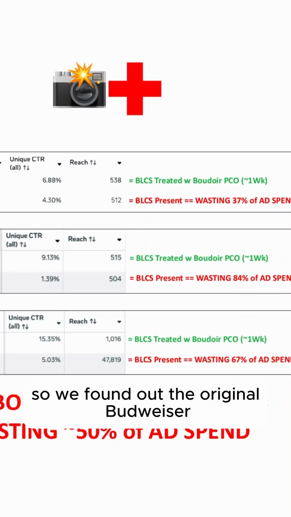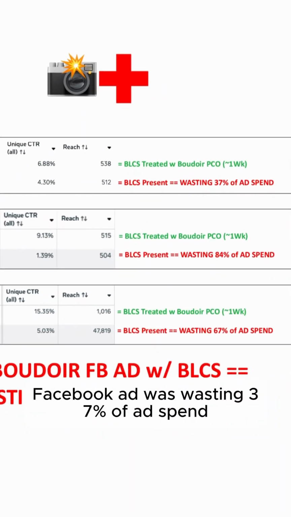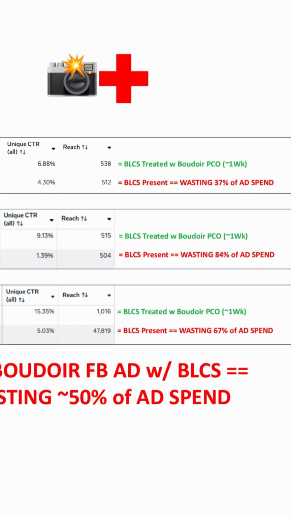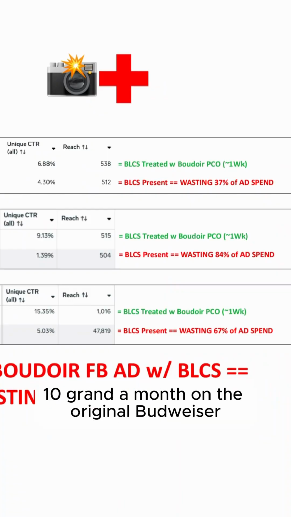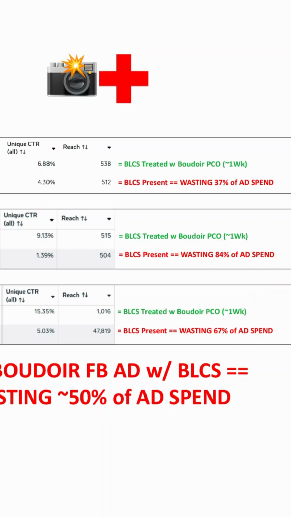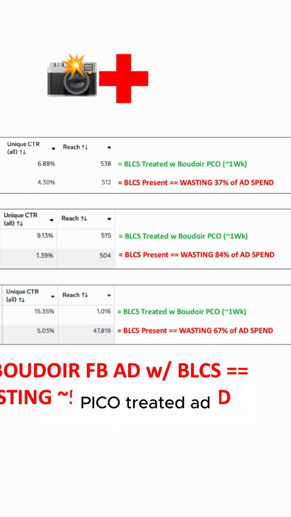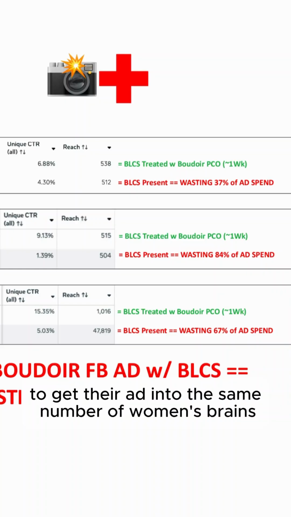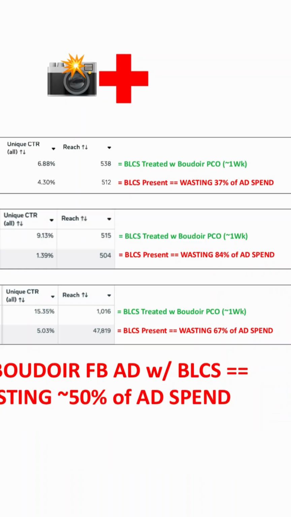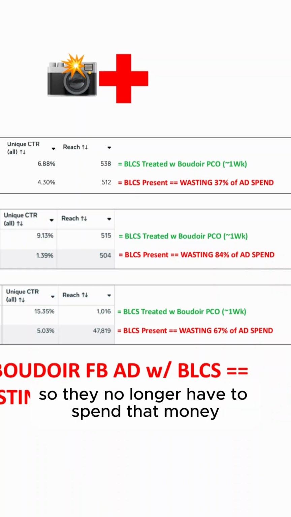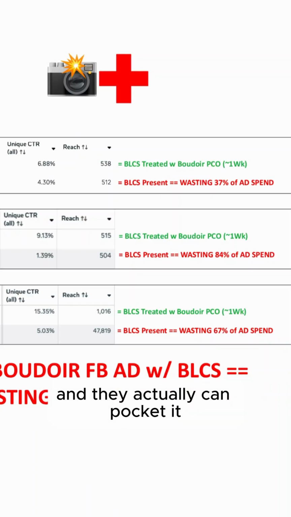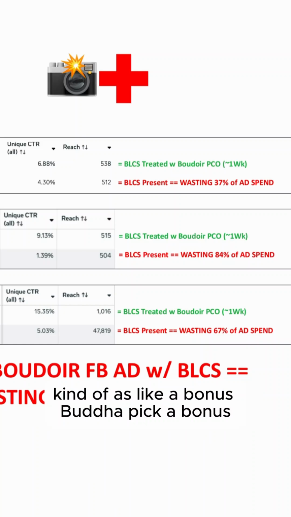So we found out the original Boudoir Facebook ad was wasting 37% of ad spend, which means if they're spending 10 grand a month on the original Boudoir Facebook ad, then now they only need to spend $6,300 a month on the Boudoir Pico treated ad to get their ad into the same number of women's brains. So they no longer have to spend that money, and they actually can pocket it kind of as a bonus, Boudoir Pico bonus.